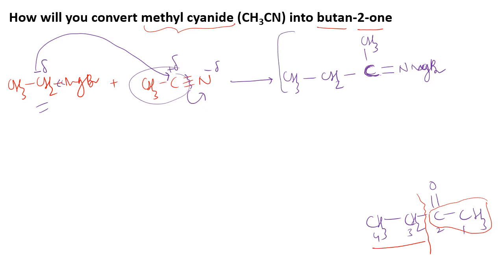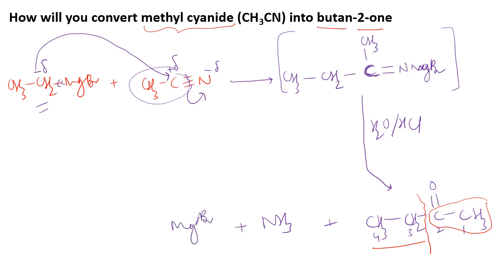So this is how we are getting the addition product, which will finally be hydrolyzed into the corresponding ketone. This is how the reaction takes place. You will have the other side products like formation of ammonia and MgBrOH. So the logic is very simple.